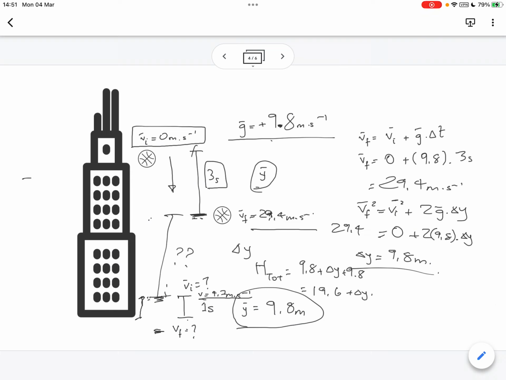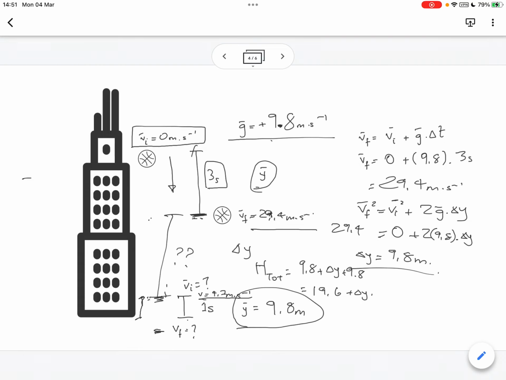Where do we get 9.8 for delta y? I think it's on the previous page, right? Because this is the tower that we used, except the ball was dropped for 3 seconds. Here, we used this formula.